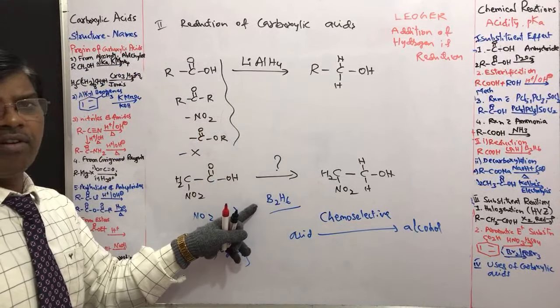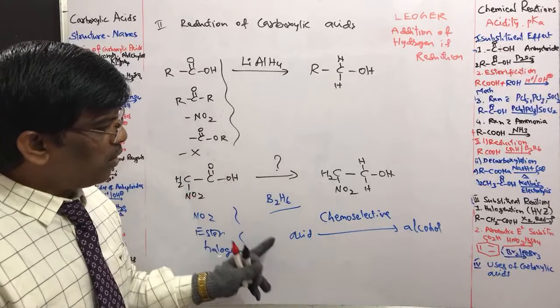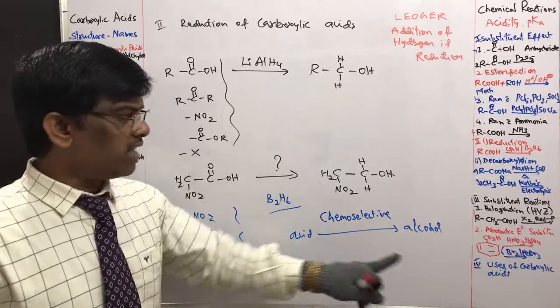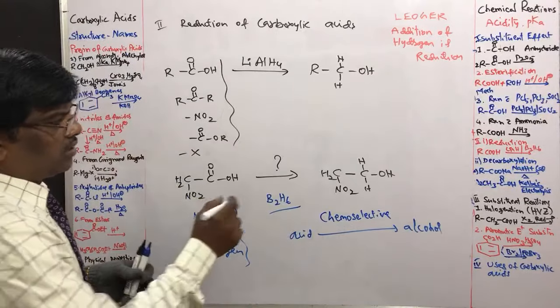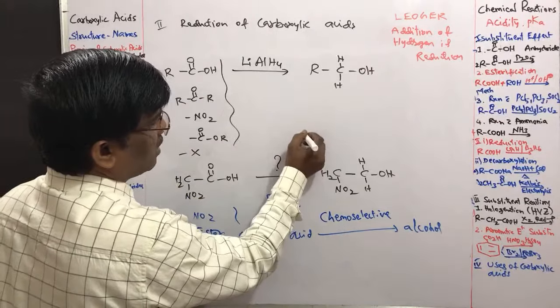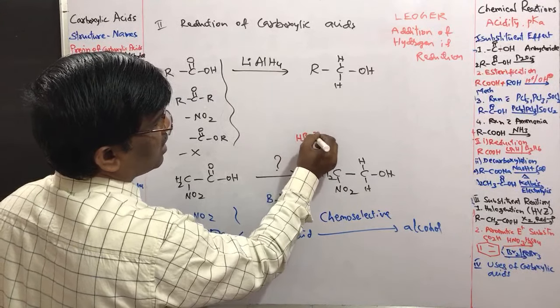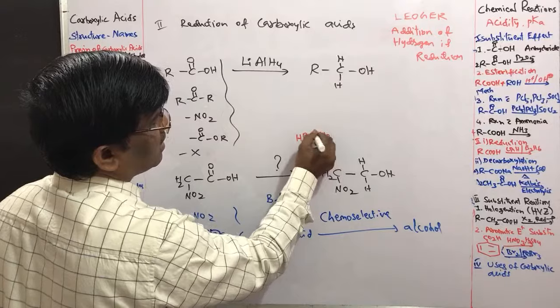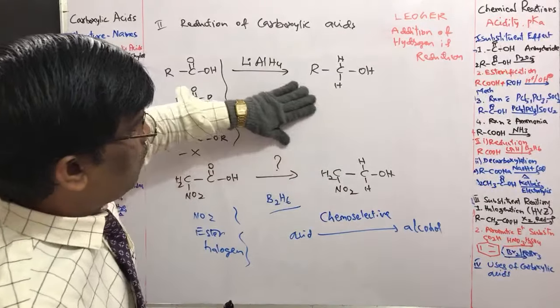Diborane was asked during 2018 NEET. So diborane can be used for the reduction of acid to alcohol. It is chemoselective. Diborane is nothing but the structure BH3 and BH3, you will get it like this. Yes, diborane. It is the dimer of borane.